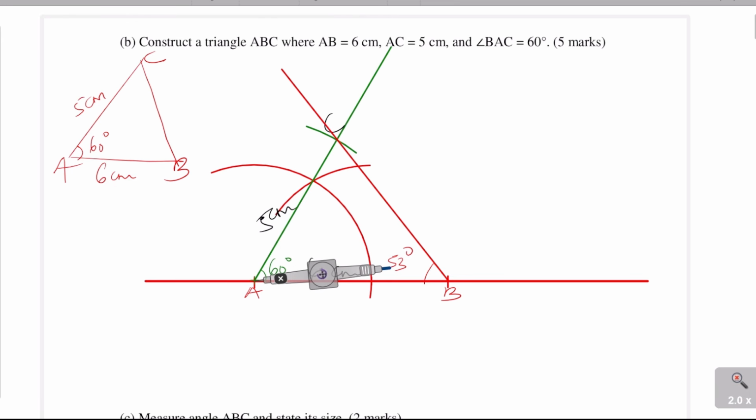Having that radius from A, you simply mark an arc there, and then mark another arc there.